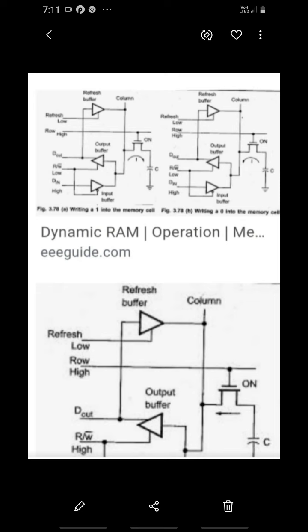So here is the difference between static RAM and dynamic RAM. Static RAM is fabricated using bipolar and MOS technology. Dynamic RAM is fabricated using MOS technology only.